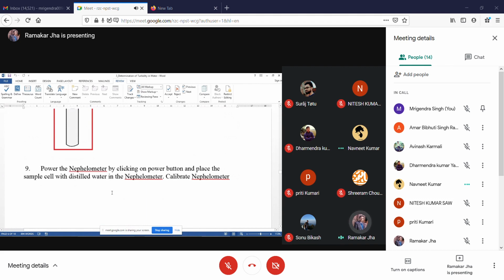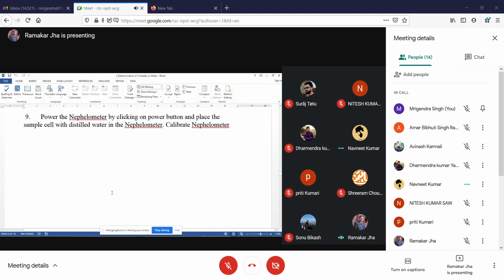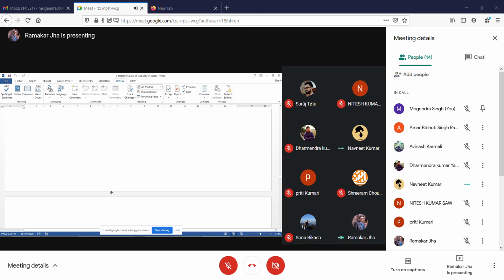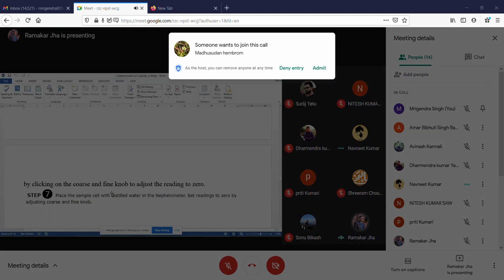Now power the nephelometer by clicking on the power button, and then place the sample cell with the distilled water in the nephelometer. Calibrate the nephelometer. Now we have to calibrate it because we have standardized, we have taken two different chemicals and we have added them with the distilled water.